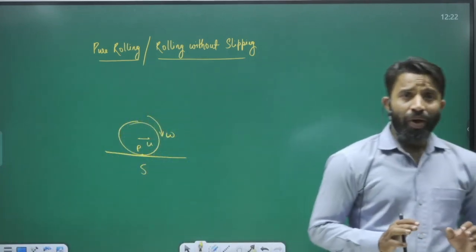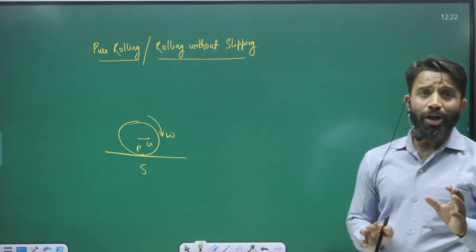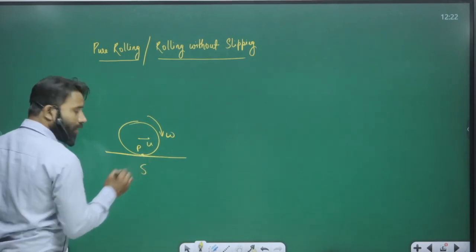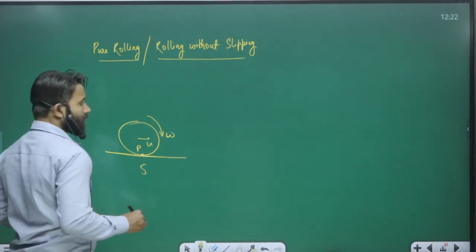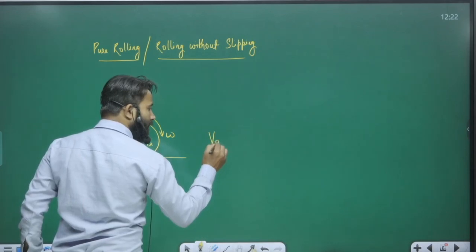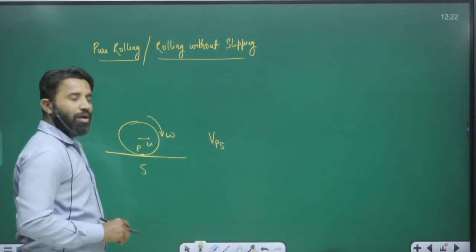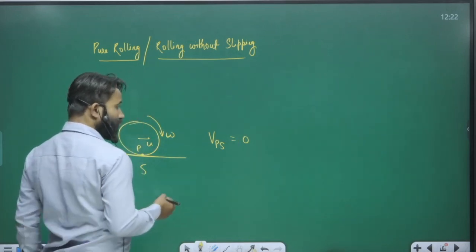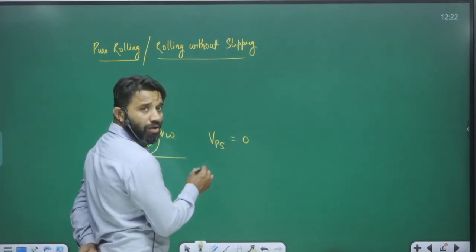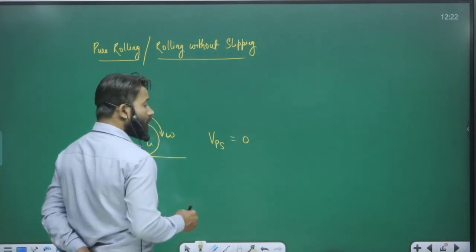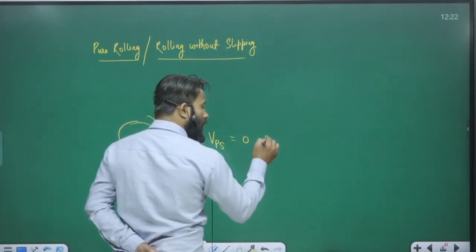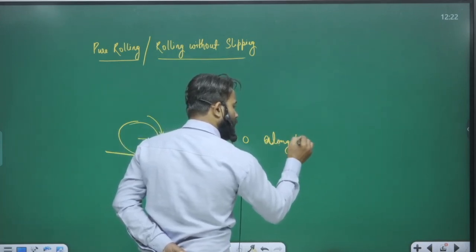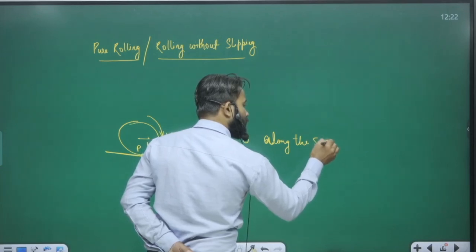Now in order to have pure rolling or rolling without slipping, the velocity of the point in contact, that is this point P, with respect to this surface S must be equal to 0 along the surface.